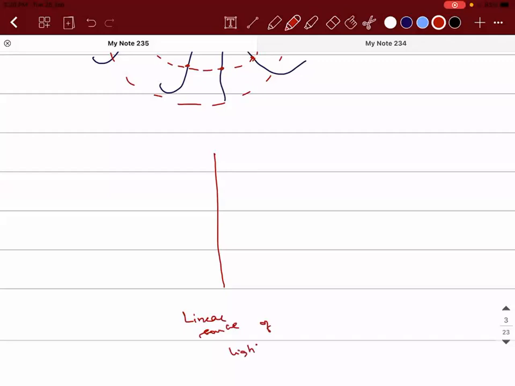Okay. If I have a linear source of light, then each point on the source will act like a point for the light to get liberated. Each point on this linear source is also a light source. So this will release a wave like this. This will release a wave like this. It will release a wave like this. So it keeps on going. When it keeps on going like this, I can find one particular point which is common to all.